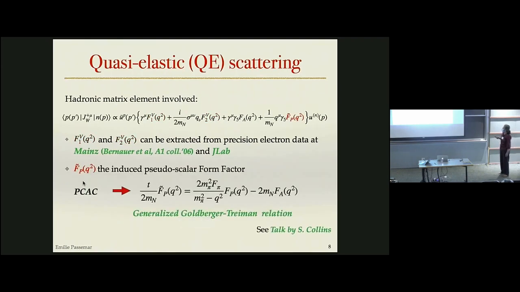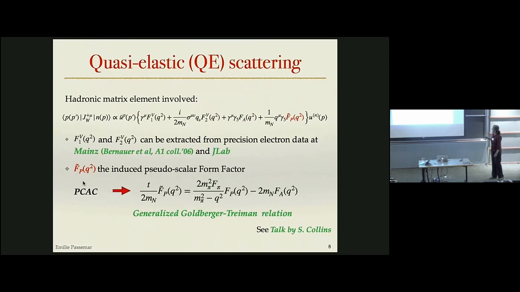And then I have the axial part of my matrix element, which can be written in terms of the axial form factor and the induced pseudoscalar form factor. Yes, we saw this just in the talks before.